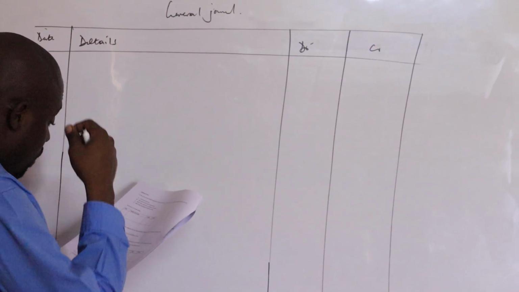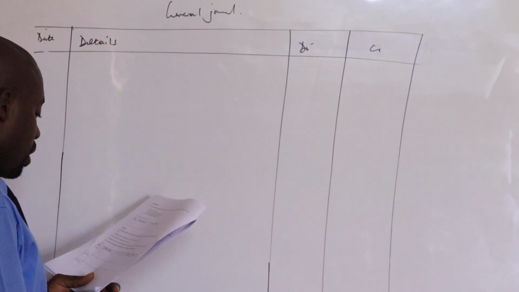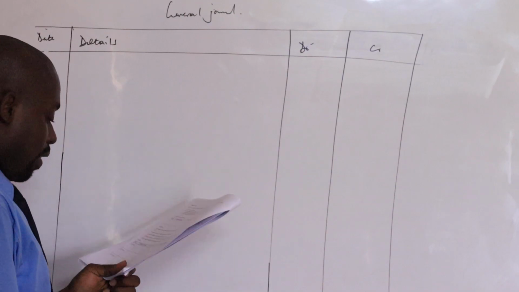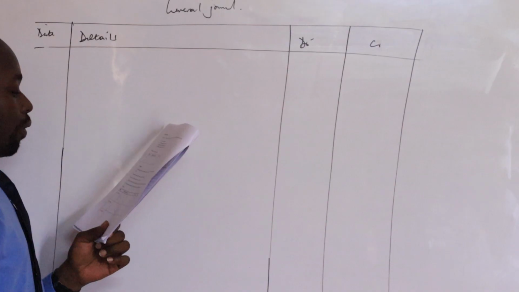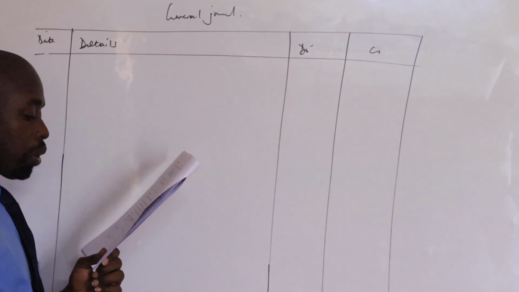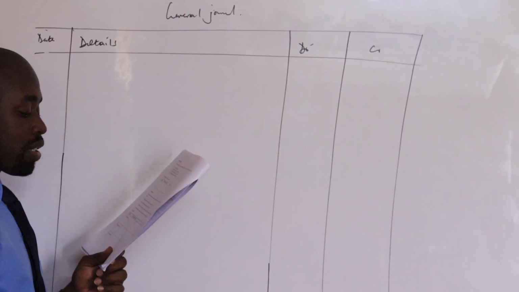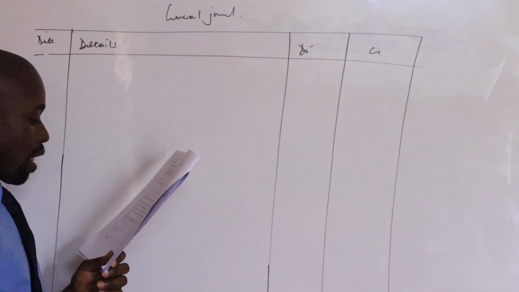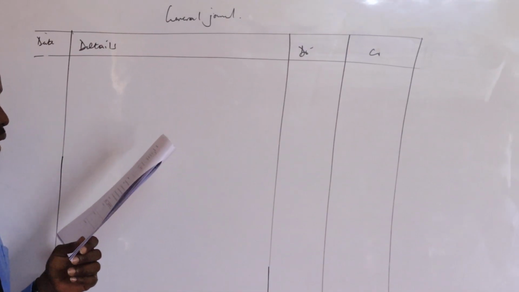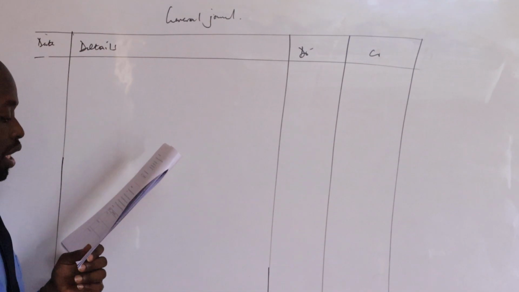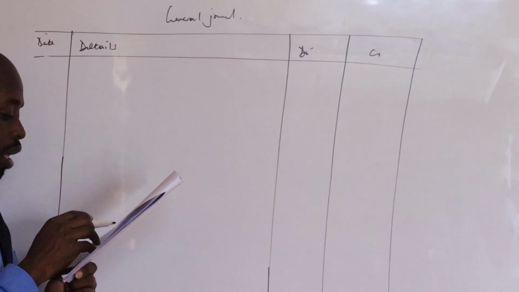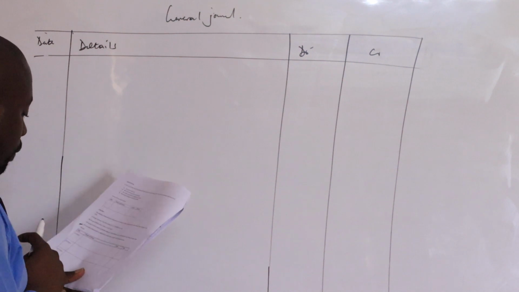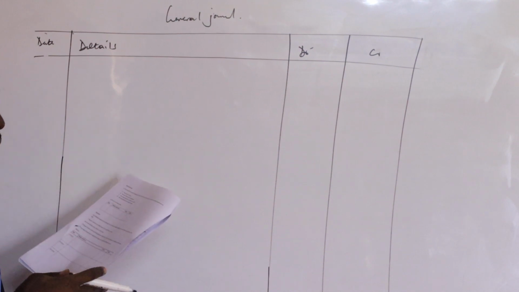Second one, on 6th, issued 200 ordinary shares at 125 shillings each. Third one, bought furniture for 2.8 million, paying 2 million by cash, and the balance to be settled at a later date. Lastly, 27th, purchased equipment for 800,000 by check, which was recorded in the purchases account.